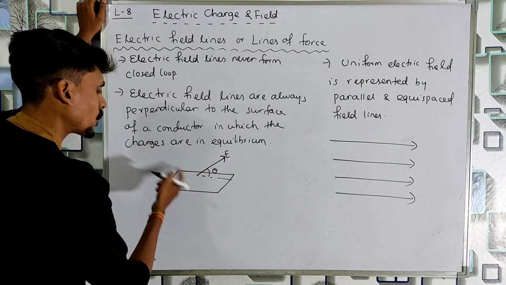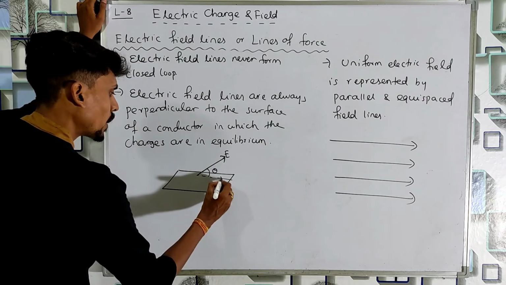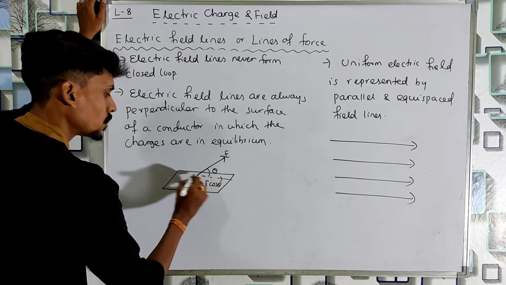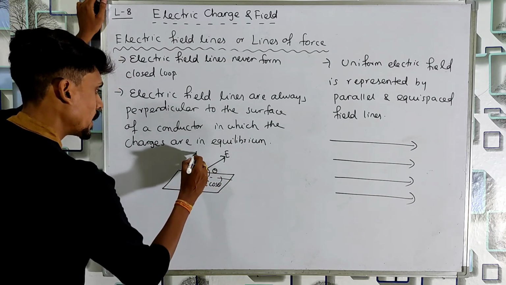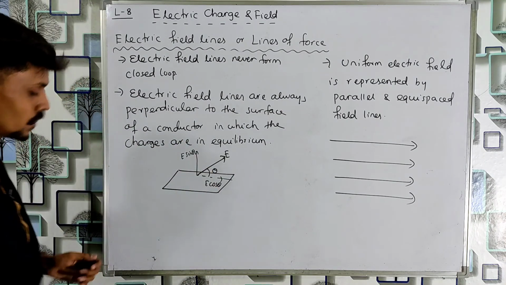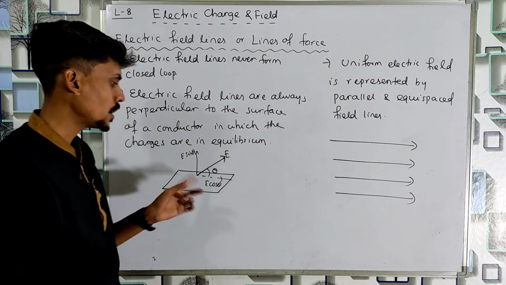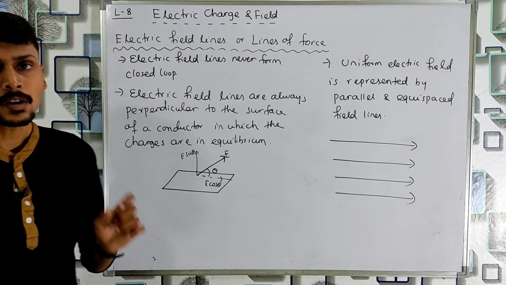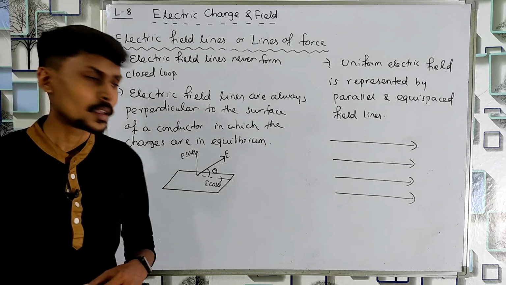If you resolve the electric field vector E, you will get two components: E cos theta along the surface and E sin theta perpendicular to the surface.